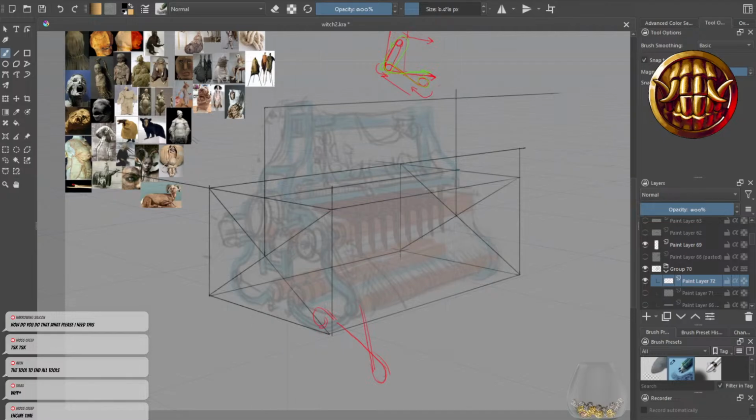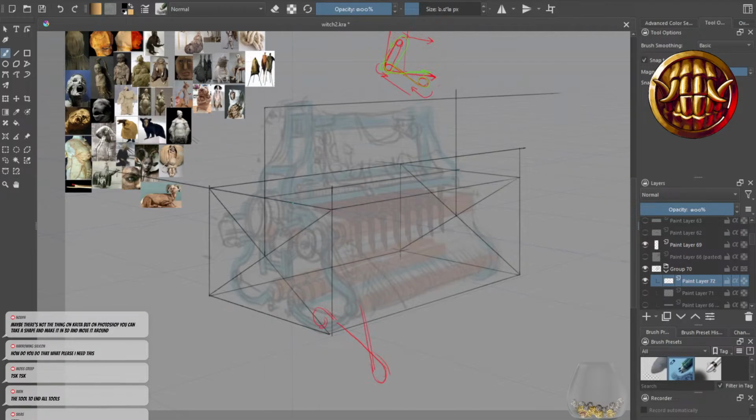Okay. The base of this. So how do I, I don't actually know how to find the middle of a side. I don't think I need to stress too much about that. Doesn't have to be perfect. There.